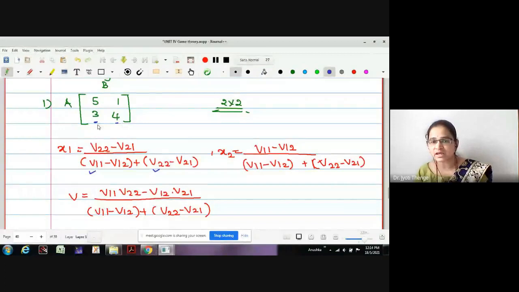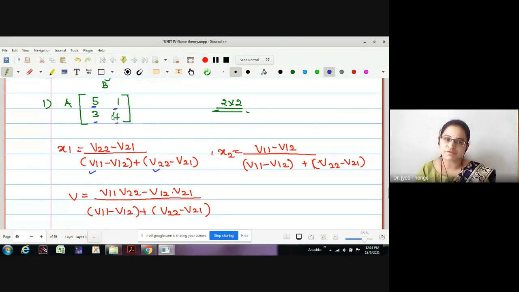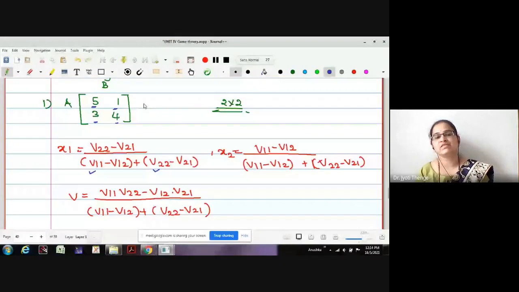What for x2? Numerator of x2 is a difference of first row elements. That's why the method we were following is: make a difference of first row elements, put it under second column. Make a difference of second row elements and put it under column 1. And the same we were repeating for the columns as well. This is what I told you for rows to find x1 and x2.